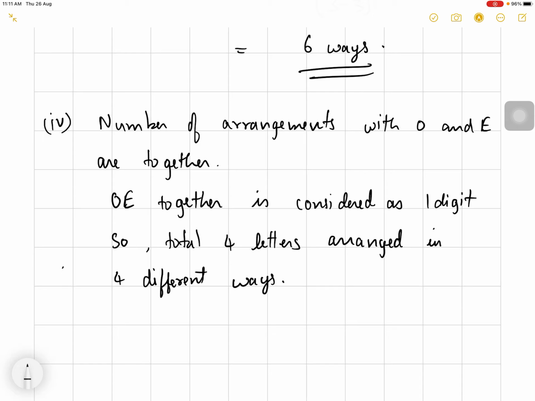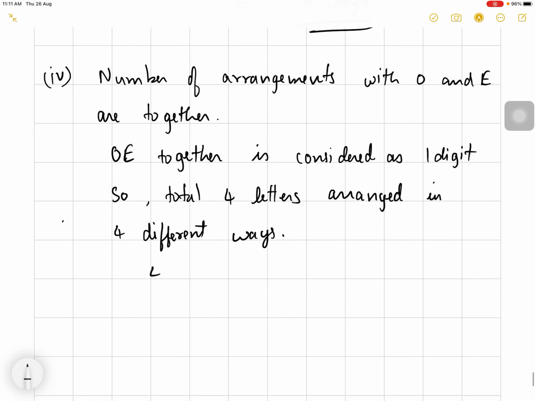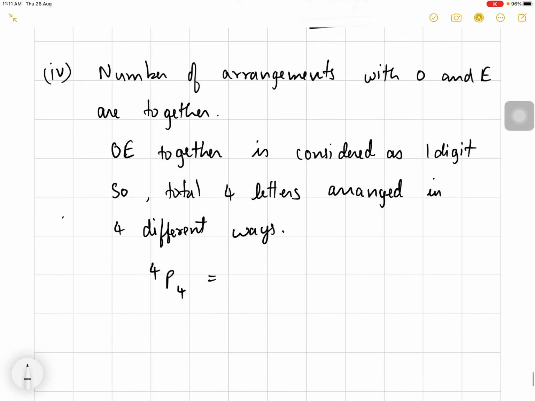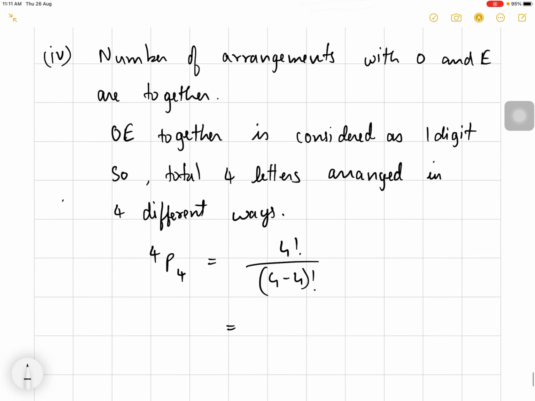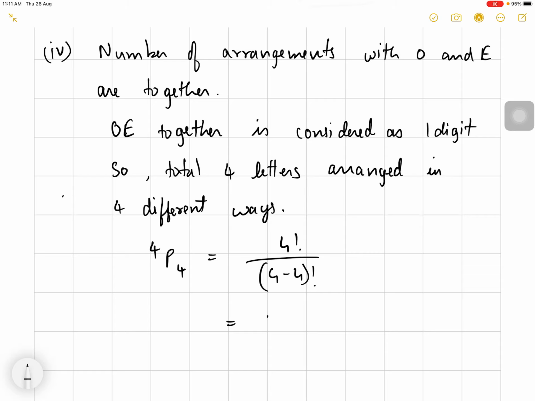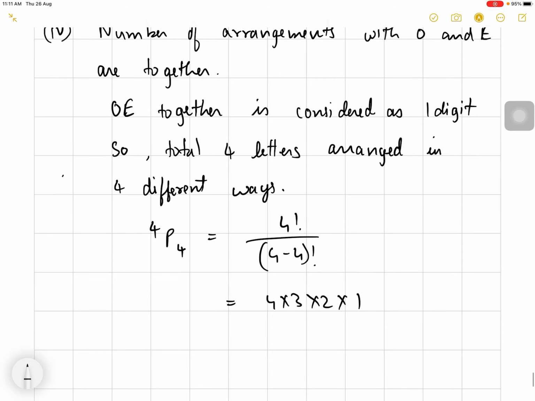So the answer will be 4P4, which is 4 factorial divided by (4 minus 4) factorial. 0 factorial is equal to 1. So 4 into 3 into 2 into 1, which comes to 24 ways.